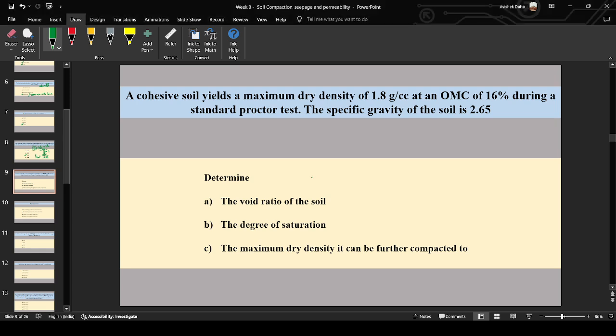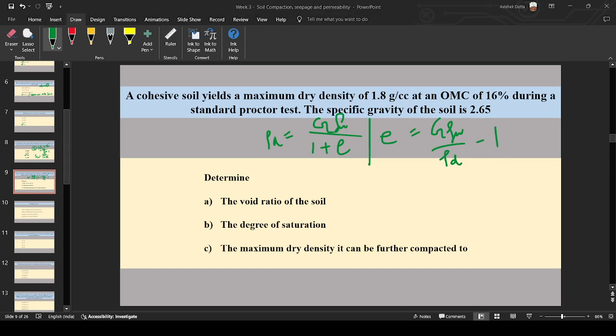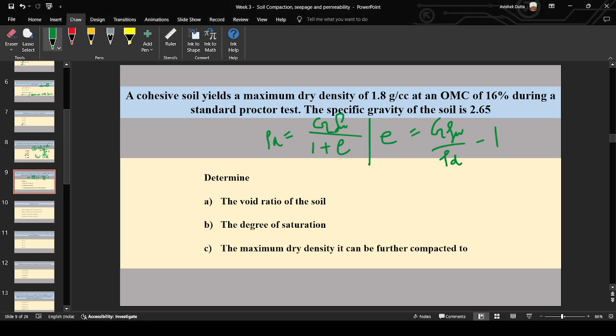Yes. So here, the void ratio. What is the formula of dry density? Dry density rho d equals G rho W divided by 1 plus E. From here we can get void ratio equals G rho W divided by rho D minus 1.